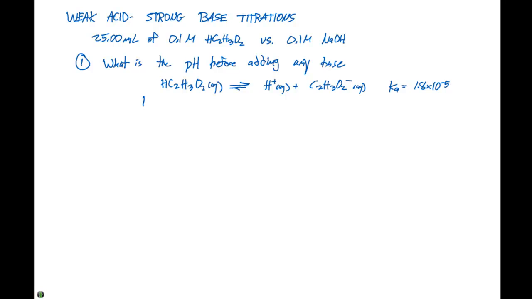So if we set up an ICE table with our initial concentrations, we have 0.1 molar in the acid and 0 H plus and 0 C2H3O2 minus. Our change in concentration is going to be minus X for this acetic acid, plus X for the H plus, and plus X for the C2H3O2 minus. Our equilibrium concentrations then are going to be 0.1 minus X, X, and X.